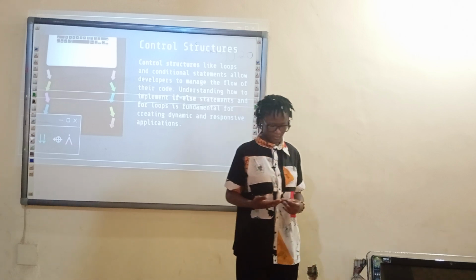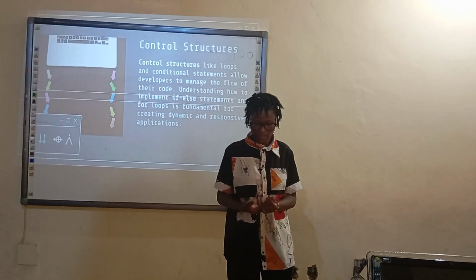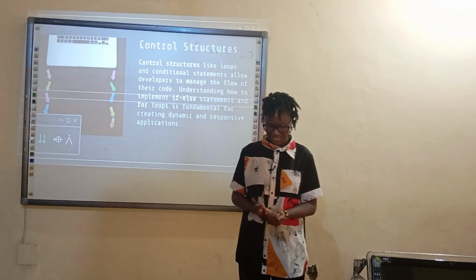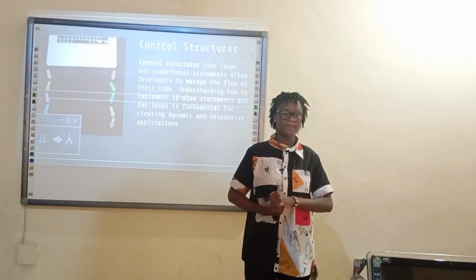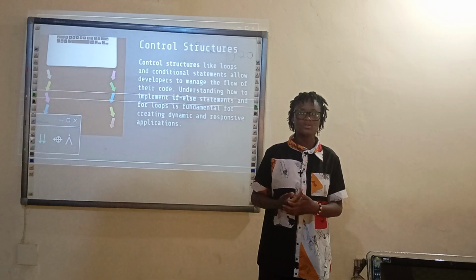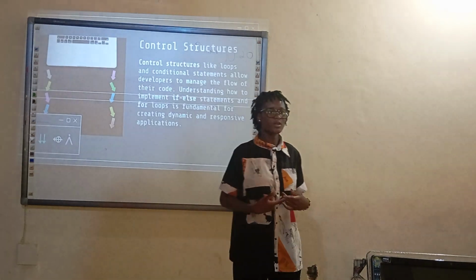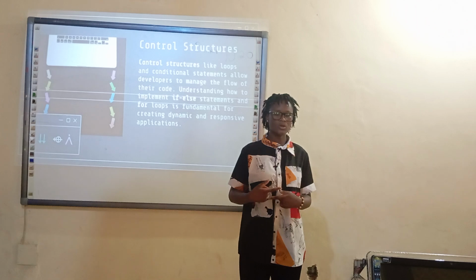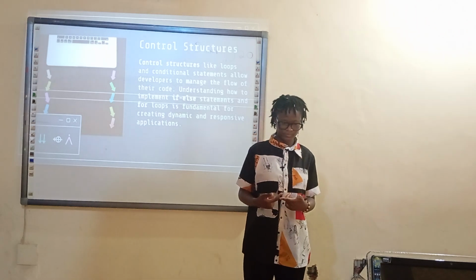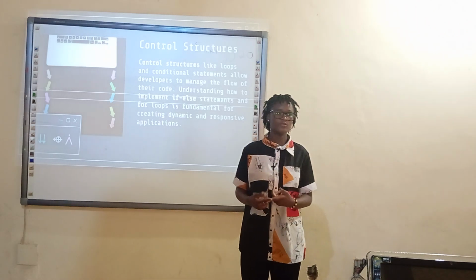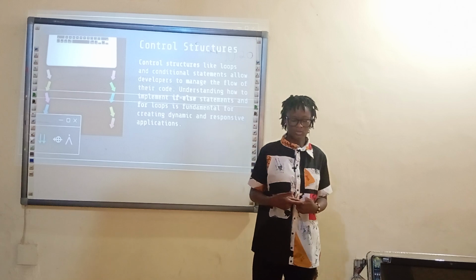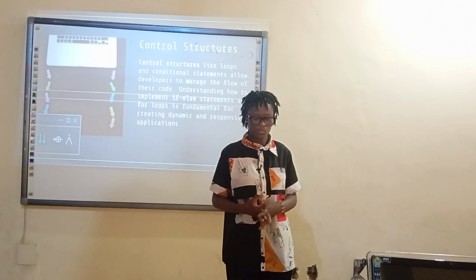Conditional statements involve the if statements, the if else statements, the else if statements, or the switch statements. Then we have loops. Loops are used to repeat a certain block of code. It's used for iteration. Loops consist of the for loop and the while loop.